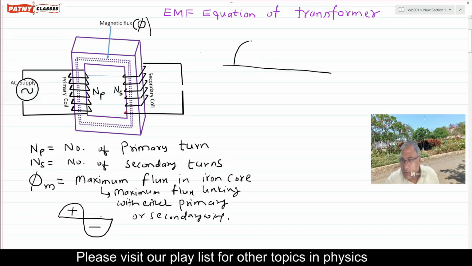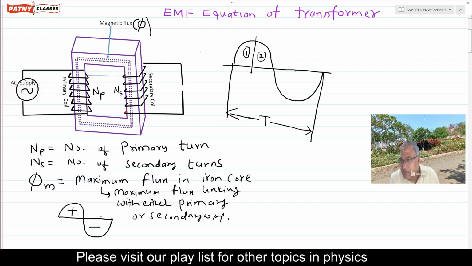Suppose this is a sinusoidal wave and the total time taken equals T, and the time taken for one cycle is nothing but the time period. Now we divide the given waveform into four parts. This is the first part, this is the second part, this is the third part, and this is the fourth part.